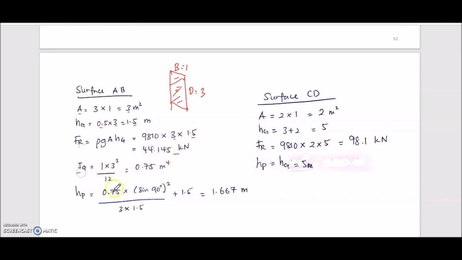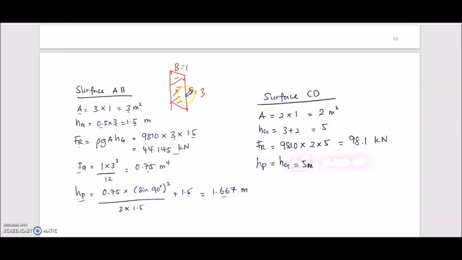Then the moment of inertia Ig is B, which is 1, times D to the power of 3 over 12, giving 0.75 meter to the power of 4. Then the center of pressure uses the formula Ig sin theta squared over A hg, plus hg, and we get 1.667 meter.